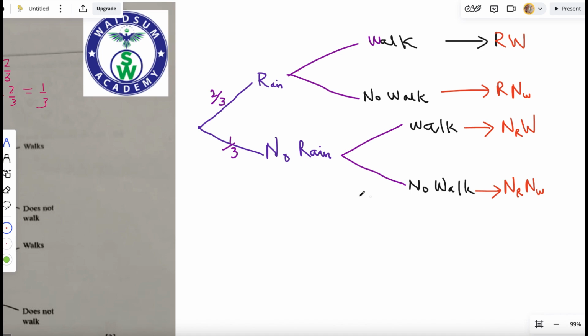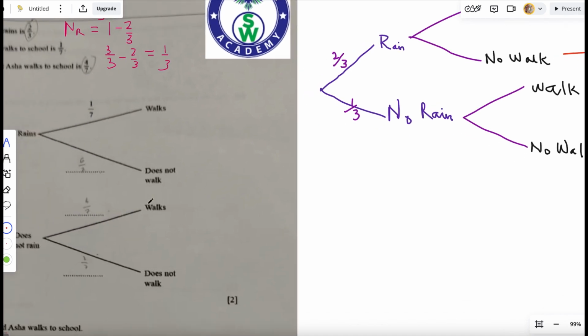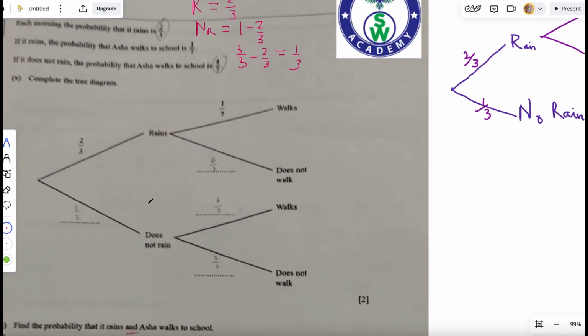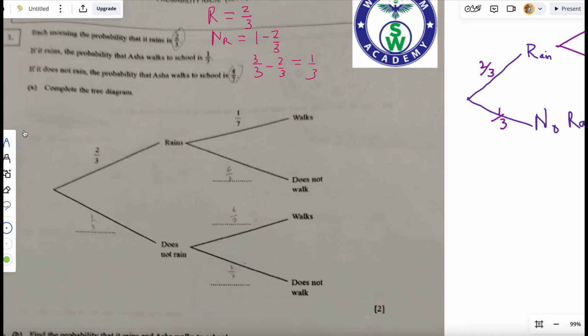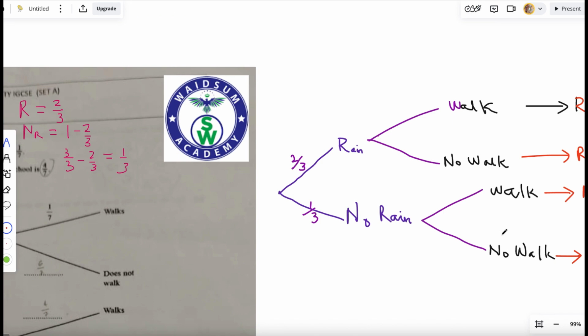Now let's fill up the probability first, because that's the first question they're going to ask us. The question says that if it rains, the probability that I shall walk to school is 1 all over 7. If it rains, you come to this branch.